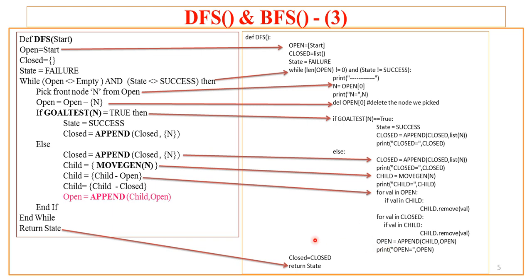So once this is done, the algorithm will iterate till the test condition is true. Once the test condition is false, it comes out. Now here the state is returned as the success or failure of the algorithm to the calling program. Hope you understood this implementation.